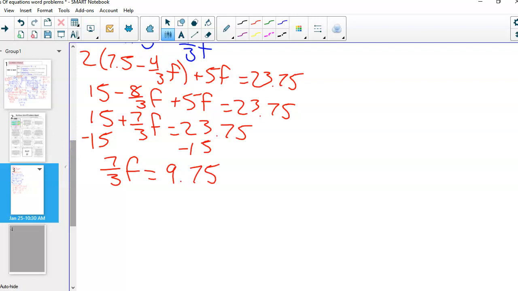And then how could we get rid of this 7/3? You could turn it into a decimal, but then you have to use all of the decimals. How else could you get rid of 7/3?